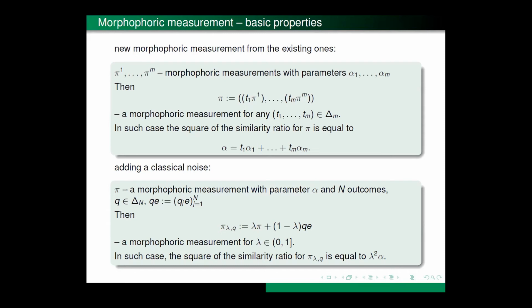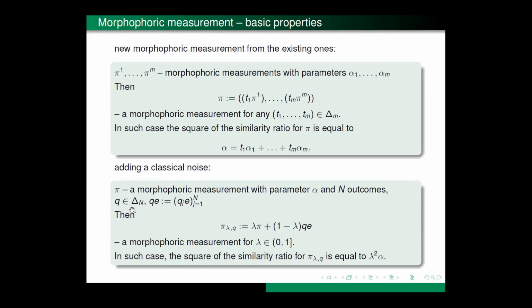We can also add classical noise to a morphophoric measurement. By classical noise, I mean that we obtain outcome j with the probability qj, and we take a convex combination of these two measurements, so a morphophoric measurement with classical noise.